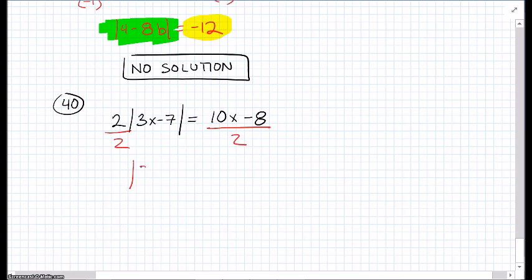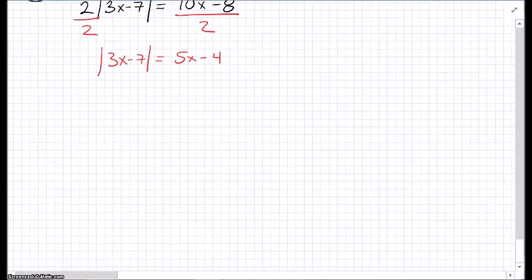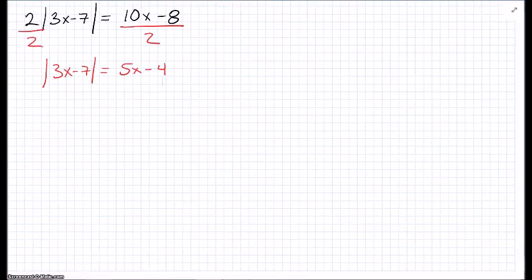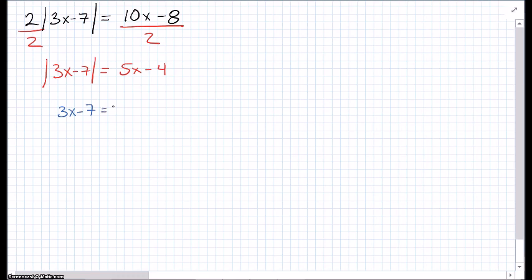So I'm going to have the absolute value of 3x minus 7 equals 5x minus 4. Okay, I've got the absolute value isolated, so let's have a positive solution set. I have 3x minus 7 equals 5x minus 4. I have a negative solution set, divided by an OR statement. 3x minus 7 equals negative 5x plus 4.